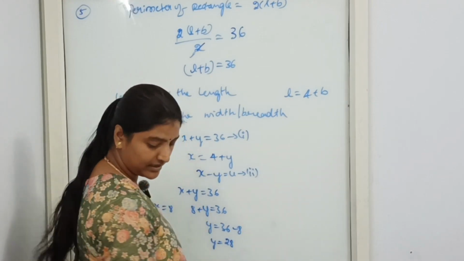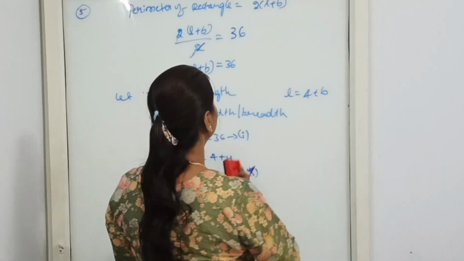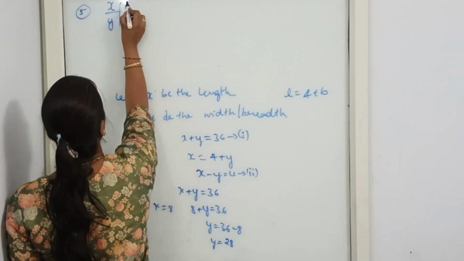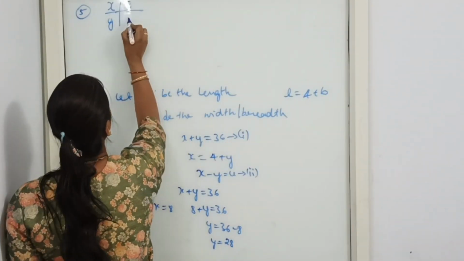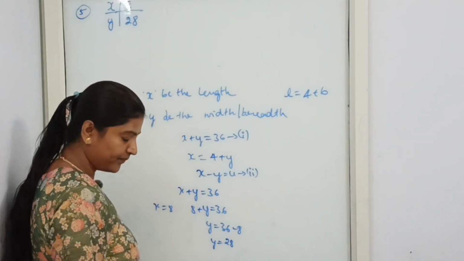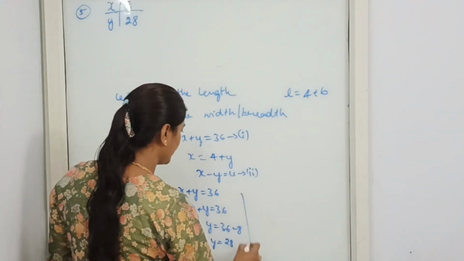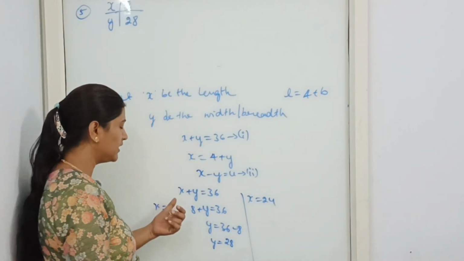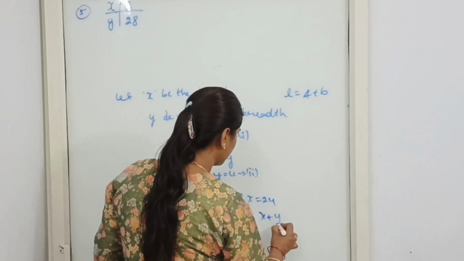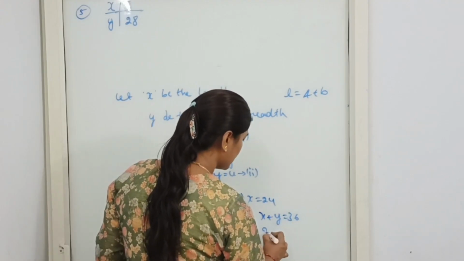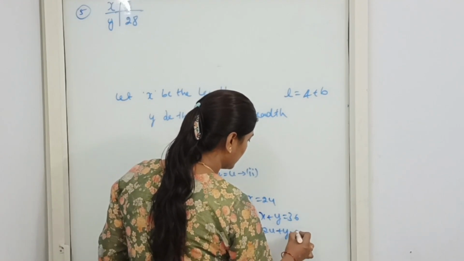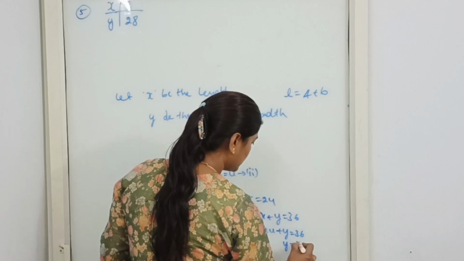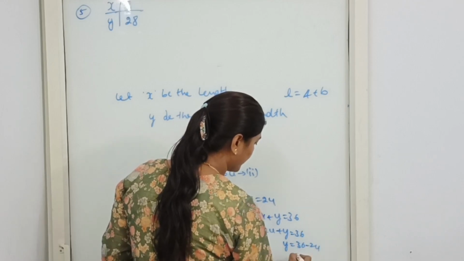So can I make a table? x is 8, y is 28. Okay. So next, if you want to reduce a little more, you can consider 24 also, no problem. So x plus y is equal to 36. 24 plus y is equal to 36. y is equal to 36 minus 24.